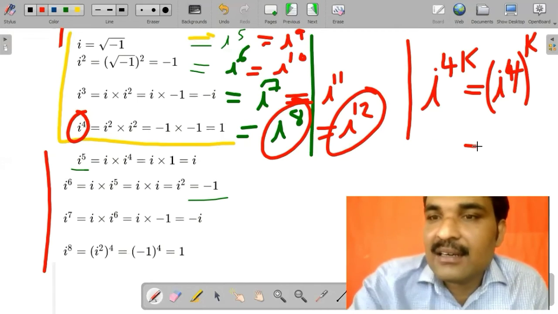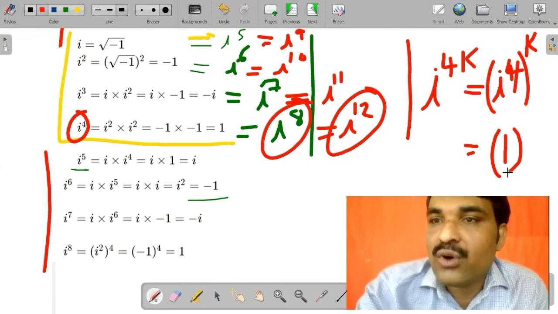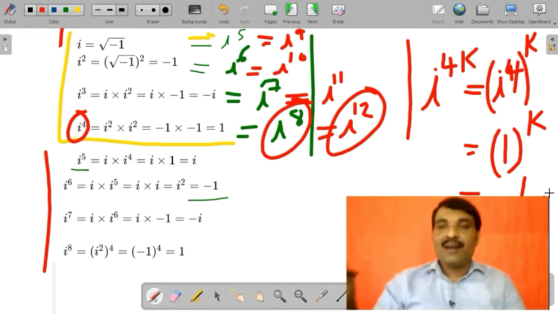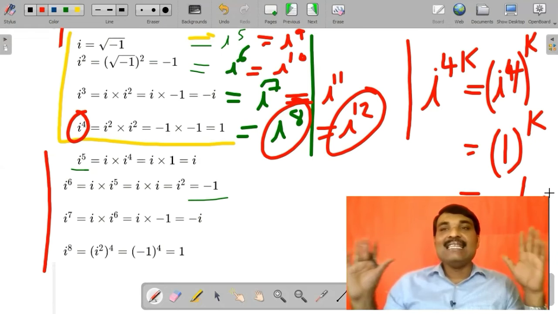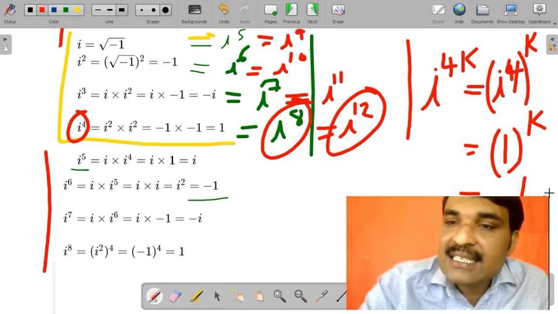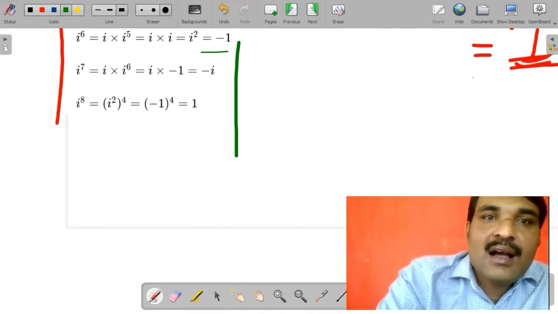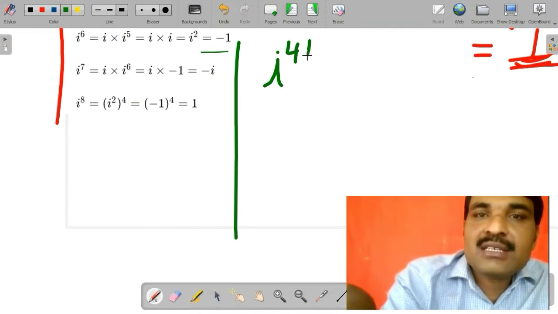And iota raised to 4 is 1. 1 raised to k is equal to 1. So iota raised to 4k, where k is an integer, always results in 1. Alright. Iota raised to 4 times k always results in 1.